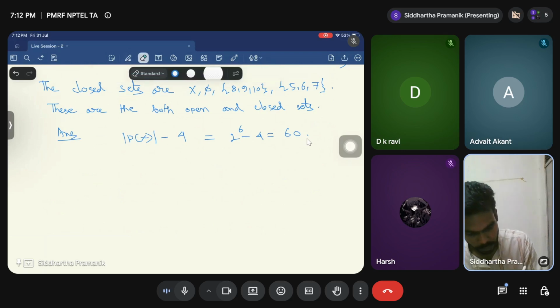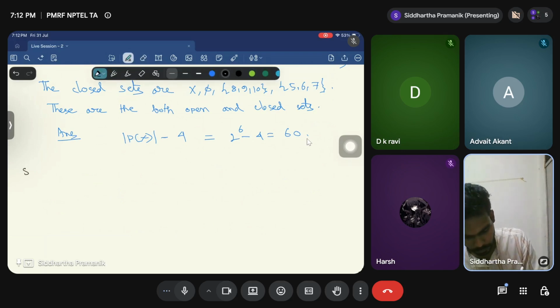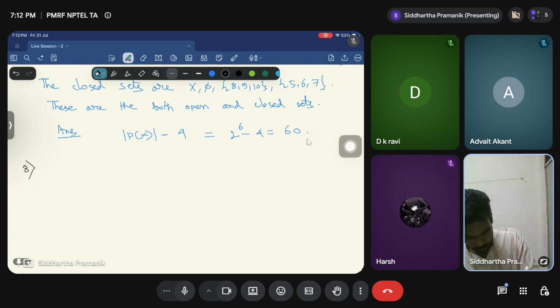Okay, so the next one. This is also from GATE 2026.